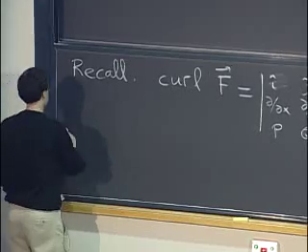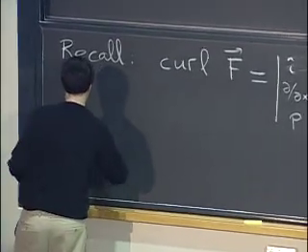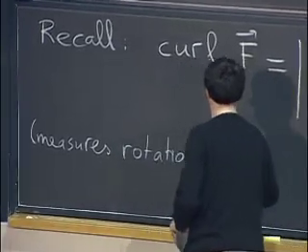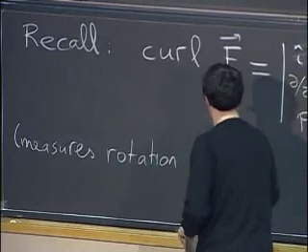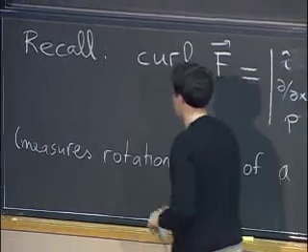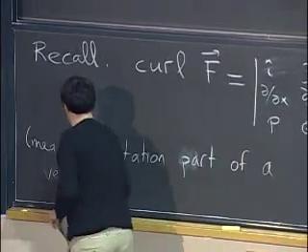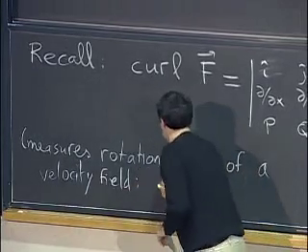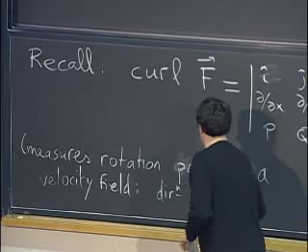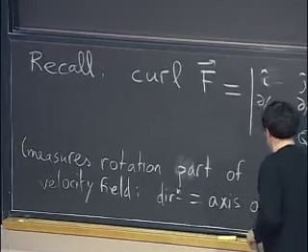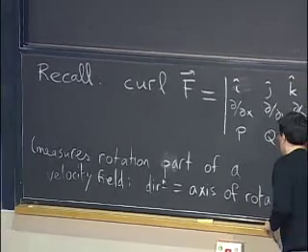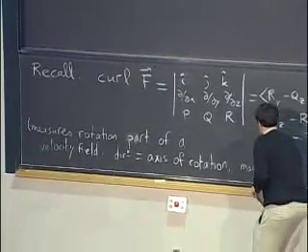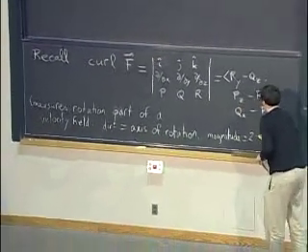So it measures the rotation part of a velocity field. More precisely, the direction corresponds to the axis of rotation, and the magnitude corresponds to twice the angular velocity.